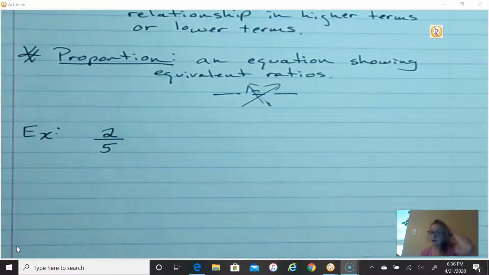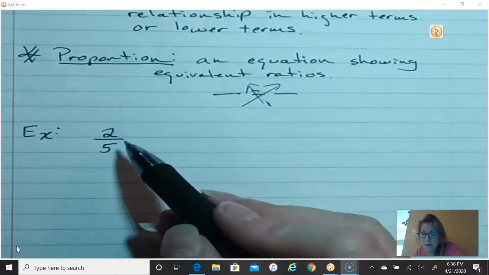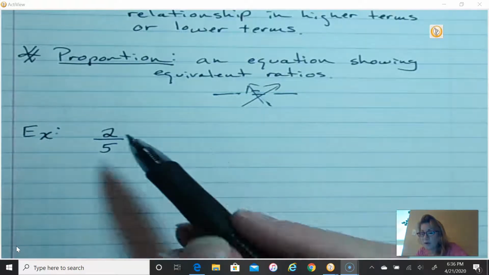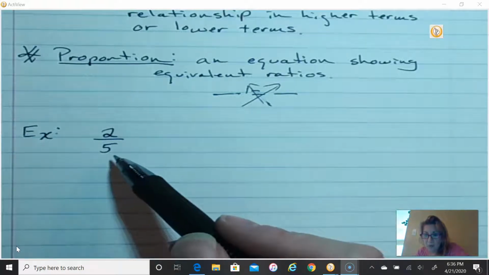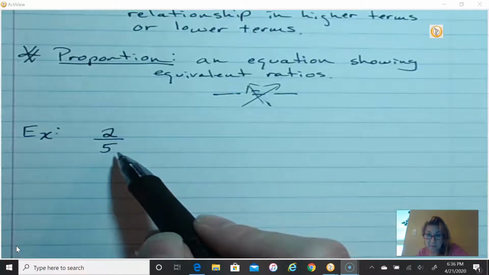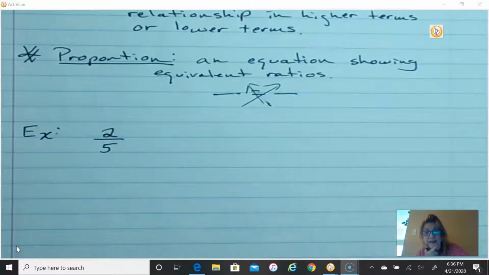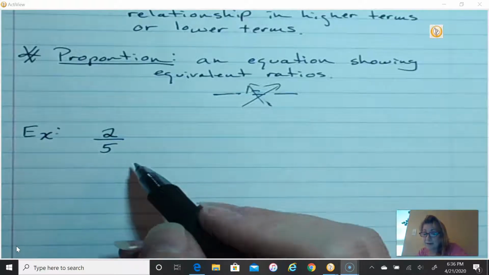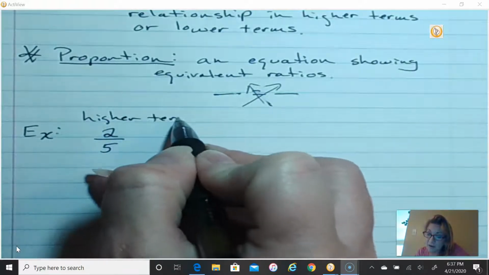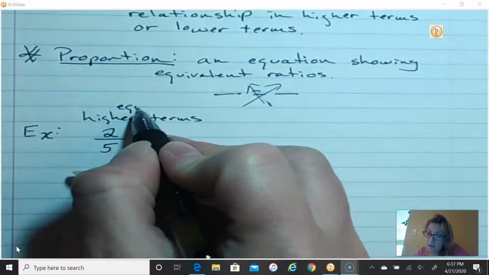Now remember, in the past we talked about this as being 2/5, but we're doing ratios. So we don't say 2/5 anymore, we're saying 2 to 5. But we're still treating it as a fraction as we need to, we can reduce it. In this case, we can't reduce it, but the direction said to do higher terms, and they need to be equivalent.